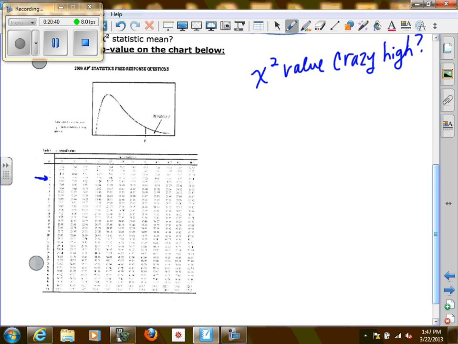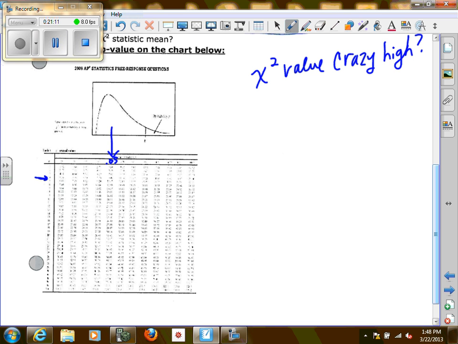All right, so what's our typical p-value to where we would say that we have statistically significant results? 0.05. Okay, good. So locate that up here, 0.05 at the top. So 0.05 is located right here.